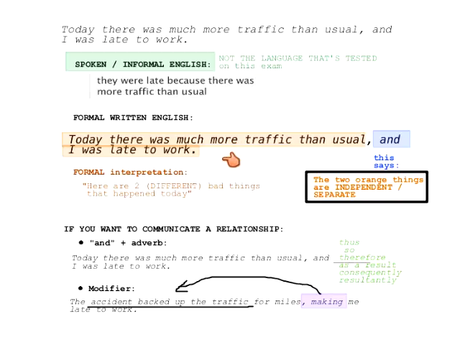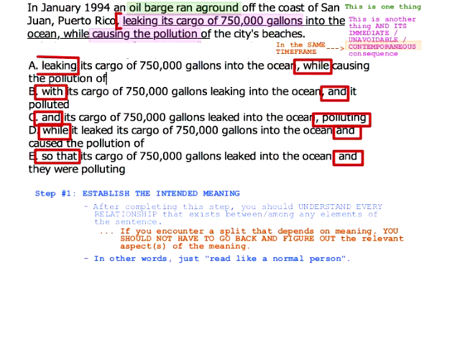So let's take a look at whether that's satisfied or not. Well, the oil barge ran aground and its cargo leaked into the ocean. We can do that because those are separate. Of course, those are not completely unrelated to each other, but ultimately they are two different things.